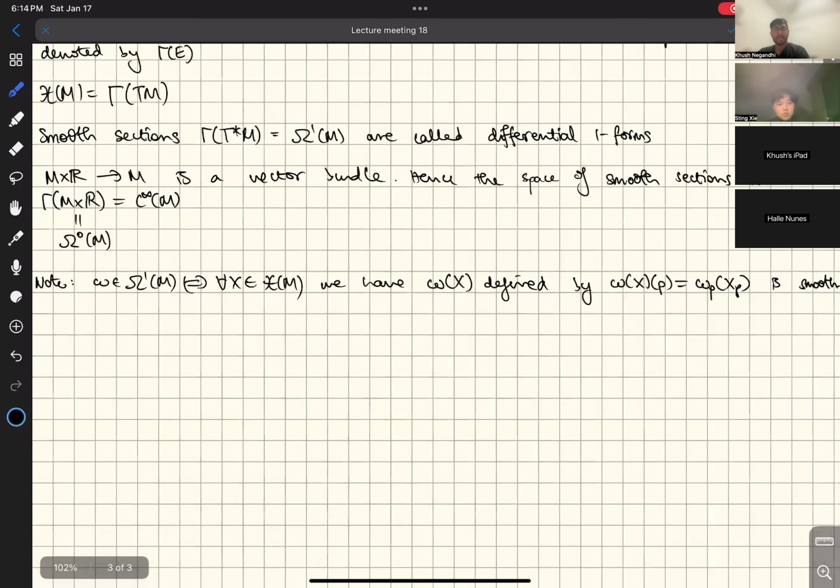You can check that in local coordinates. What this means is that the component functions are smooth. So this is what a differential one form is.